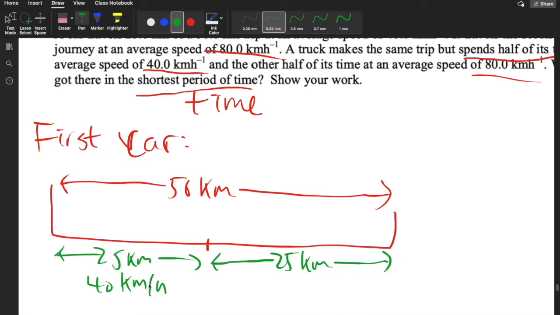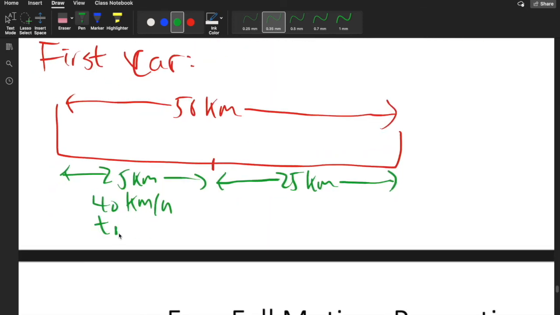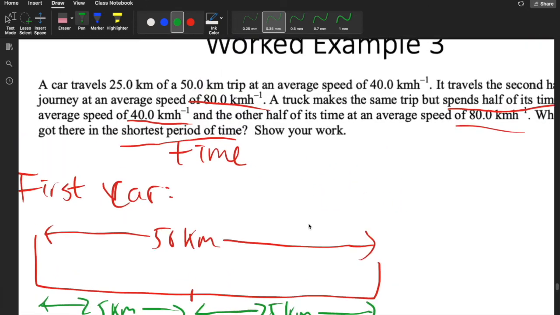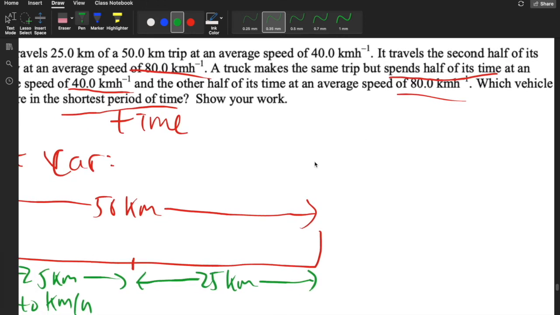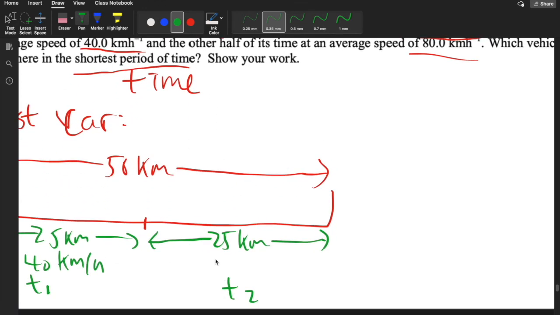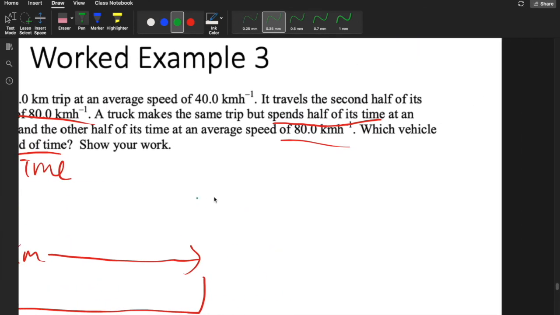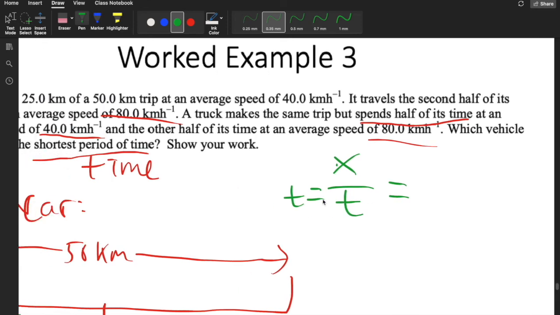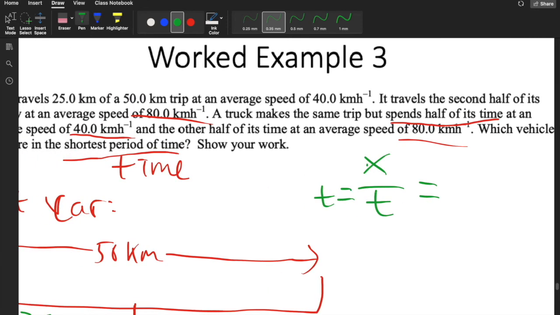So we just need to calculate time for this part, T1 and T2. So from the question we know for the second part of the journey, it travels at an average speed of 18 kilometers per hour. So how do we calculate time? So time is equal to distance over average velocity, average speed.